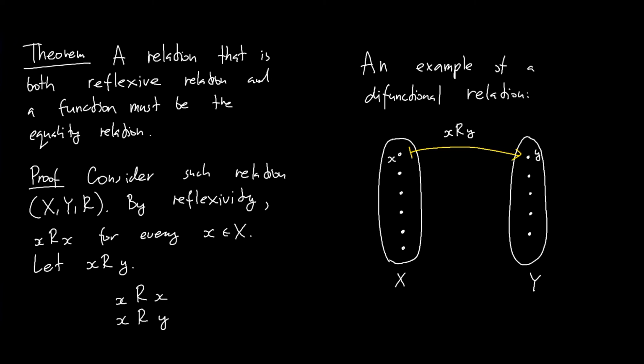Let's say X is related to Y, and let's say this thing is related to Y as well. And let's say that same thing is related to a different Y. Now I want to convince you that this will force X also to be related to that different Y by difunctionality. So why is that? I'm going to set up a scheme like I did before. So let's call this thing X prime. Let's call this thing Y prime.